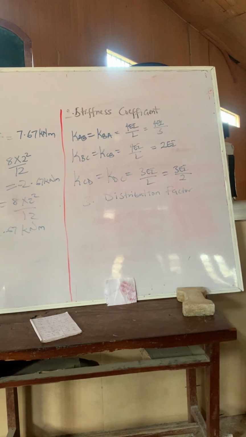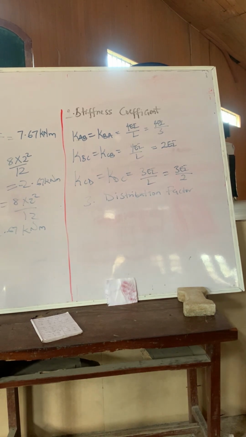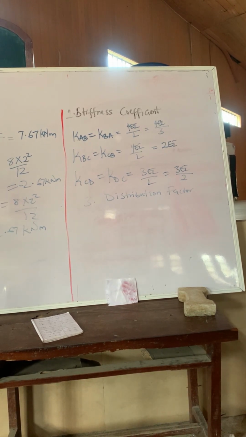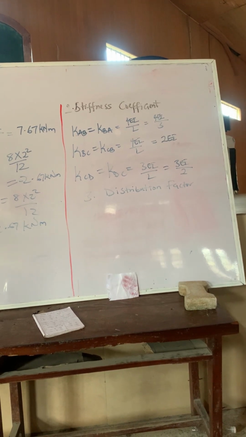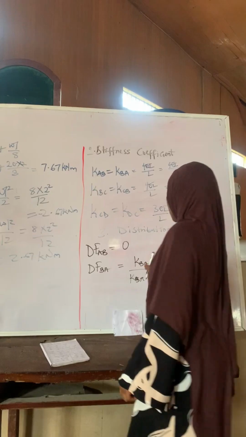I did it 2 ways. And from the question, the modulus is constant. So now, if it is not constant, you are going to put it in. So what's the KBA?